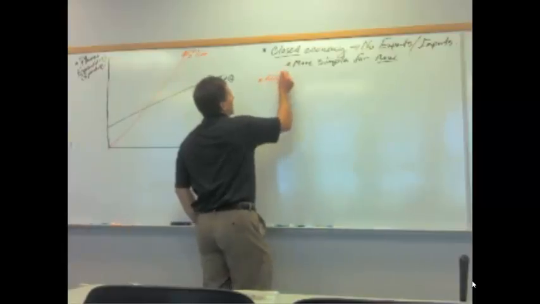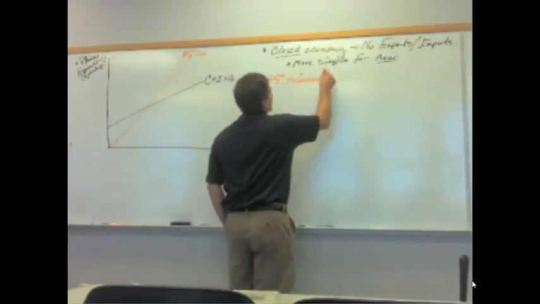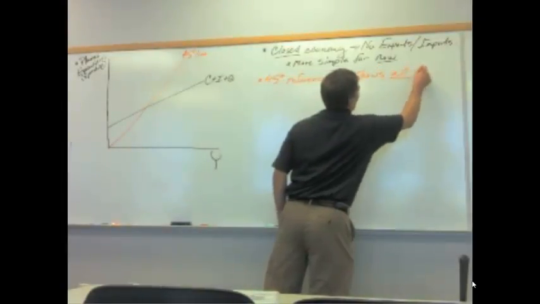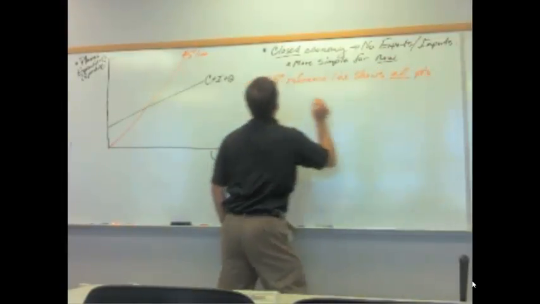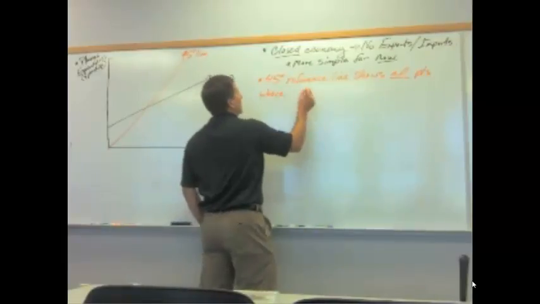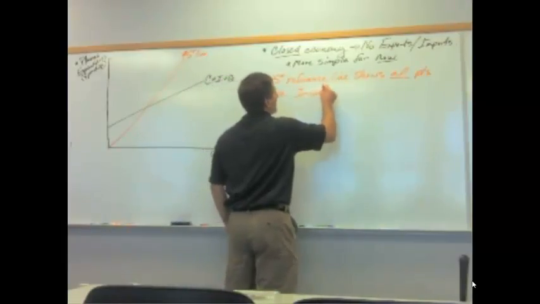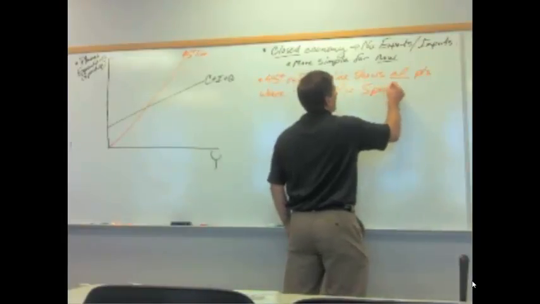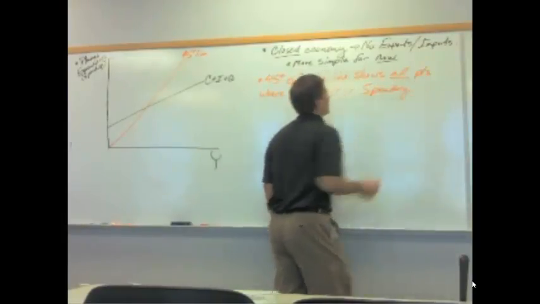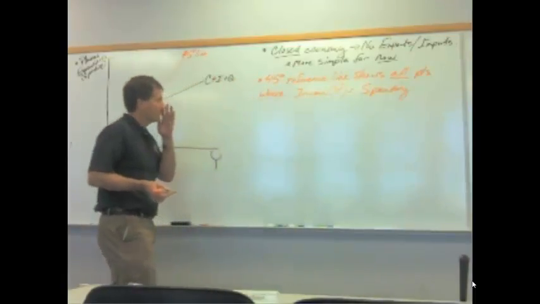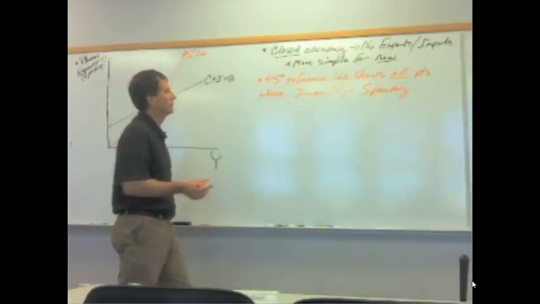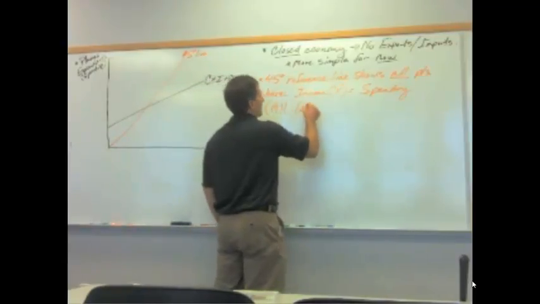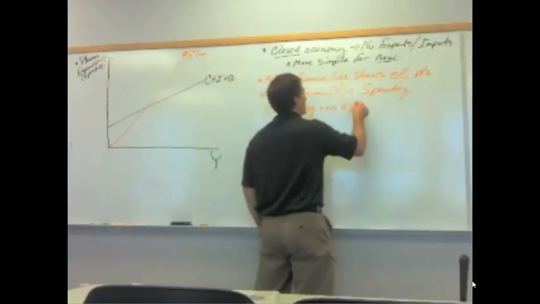So the 45-degree reference line shows all points where income equals spending. This would be all the long run equilibrium points.